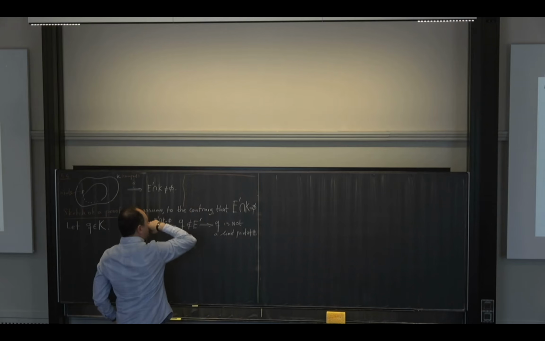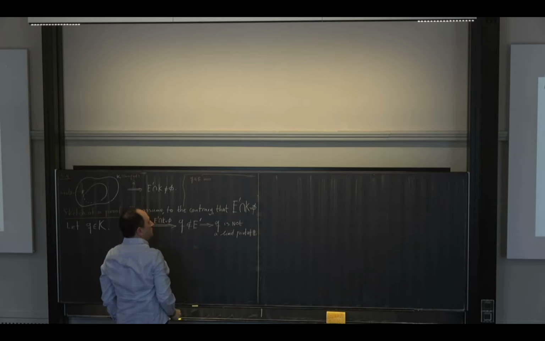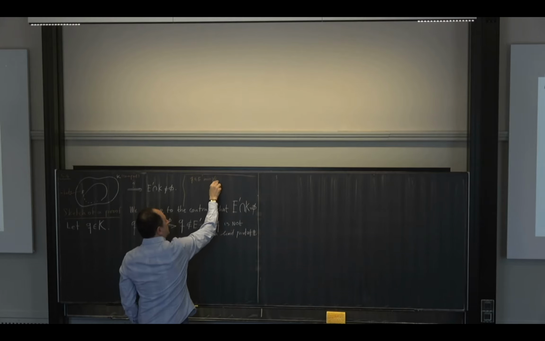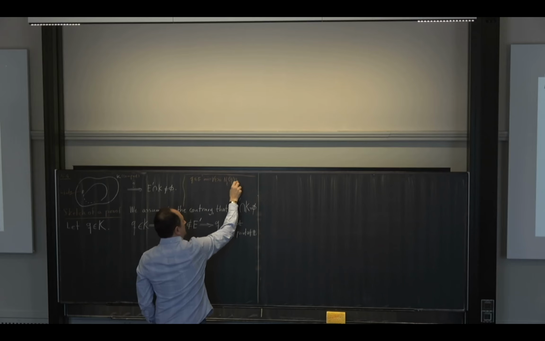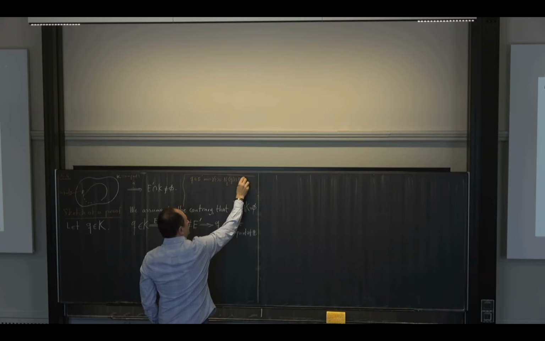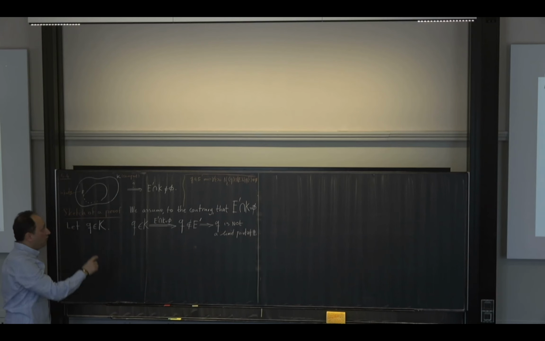When you say Q is a limit point, this means for every epsilon positive, the neighborhood with radius epsilon around Q intersect with E minus Q is not empty. That's the meaning of Q belongs to E prime.